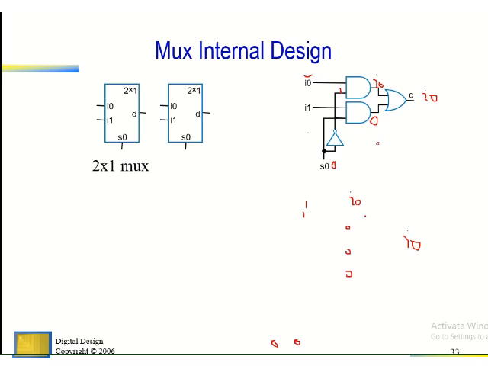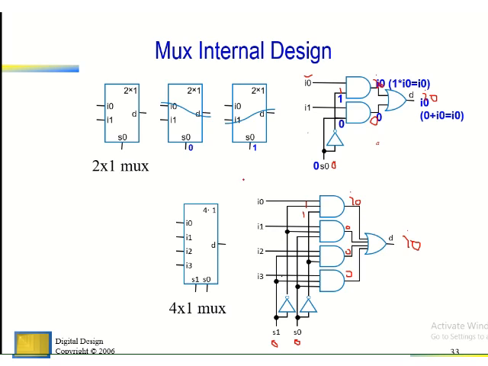Here you can see that if I apply 0 at the select line, then I0 will be connected to the output D, and if it's 1, then I1 will be connected to the output D.